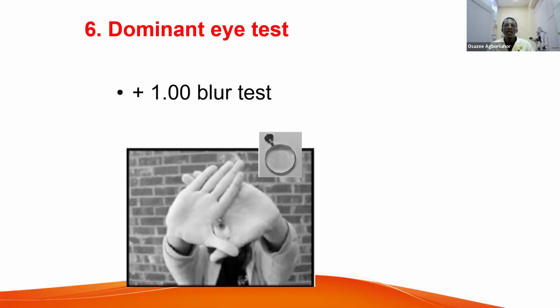Simple as that. You can also do it the way this photo is in front of you: look at an object on your chart at a distance and bring it close to your eyes until it lines up with one eye. The eye it falls over, without thinking, is the dominant eye. You do that without thinking, so that you don't deliberately put it on one of the eyes.